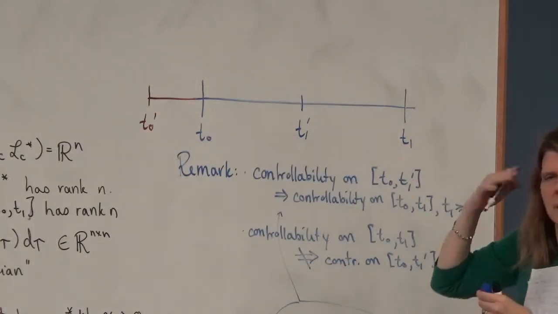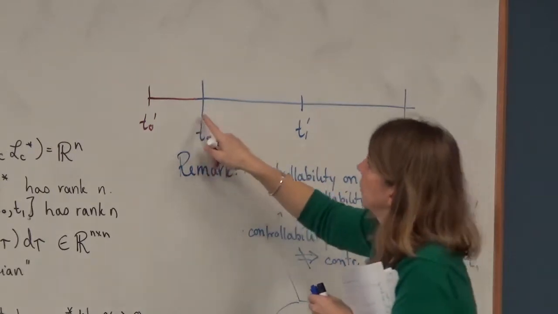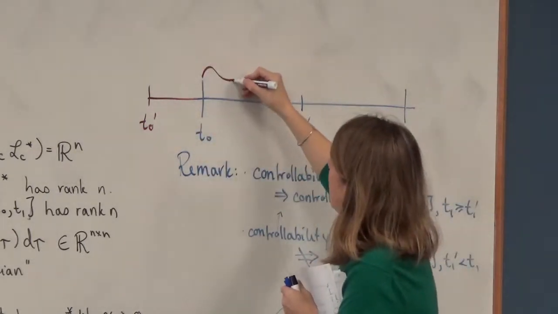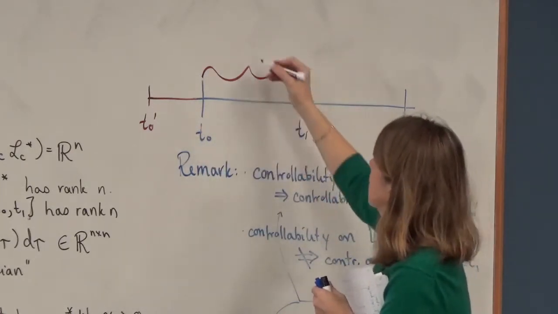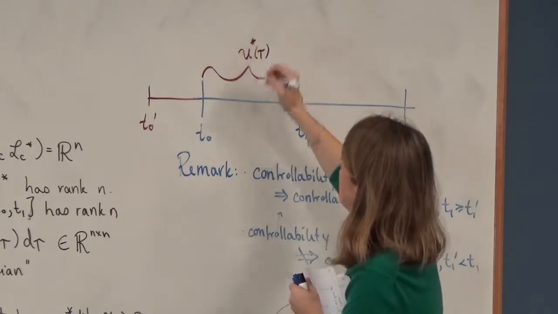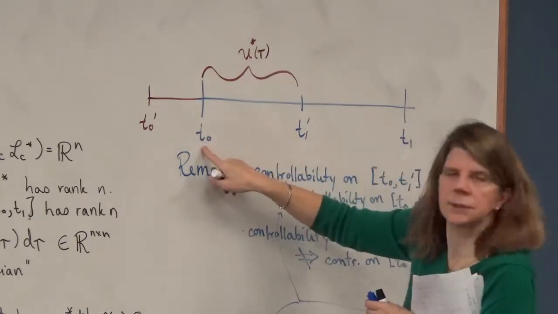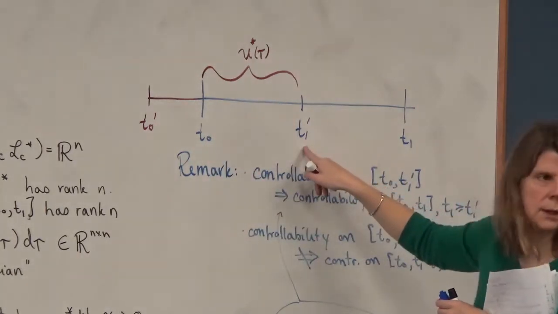The easiest way to think about it, intuitively, is that you know by the fact that it's controllable over that time interval that you have an input, let's call it u star of tau, which takes you from the desired x0 to the desired x1 prime, say.